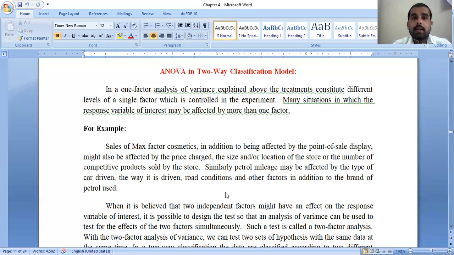The road condition is also important. If the condition of the road is not good, the effect of that road condition will be on the mileage of the car. Automatically the tires and the engine of the car will also be affected. And other factors in addition to the brand of petrol used are also important.